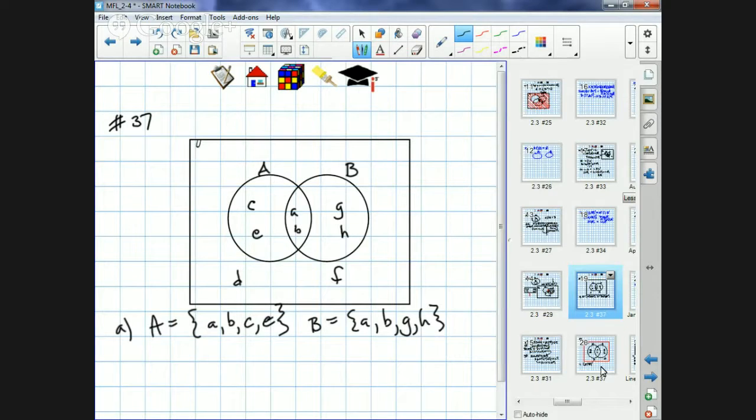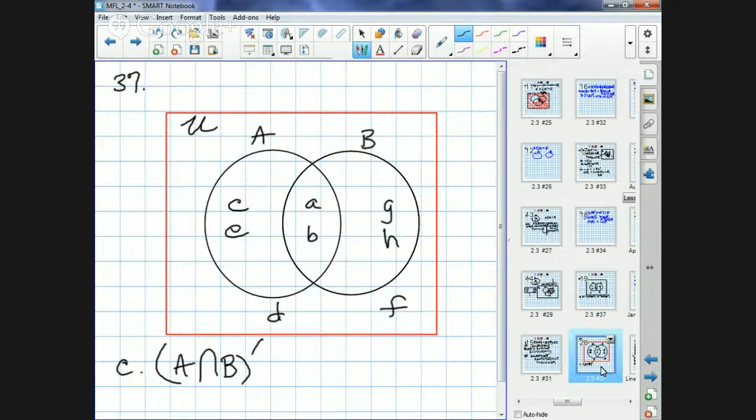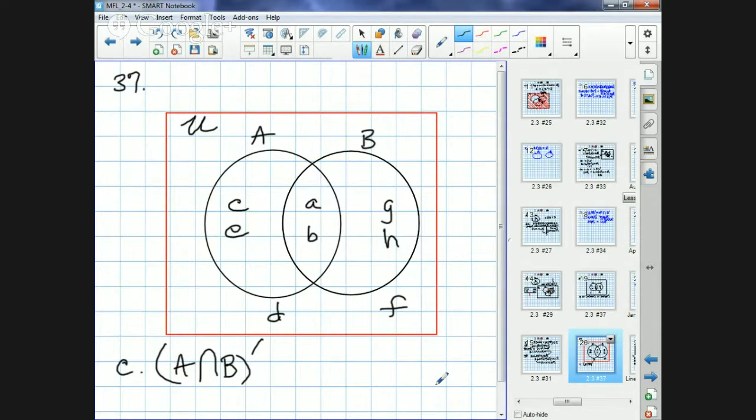And then universal ends up equaling A, B, C, D, E, and F. No G or H, if I did that one correct. Yeah, D and F are in the universal. Here's my picture of the A, B, and universal. I guess I do have it. Okay.